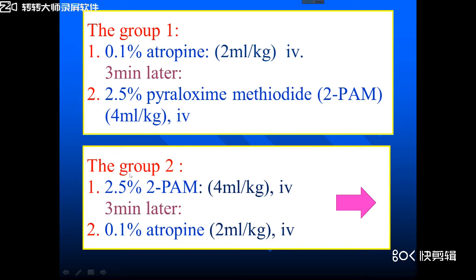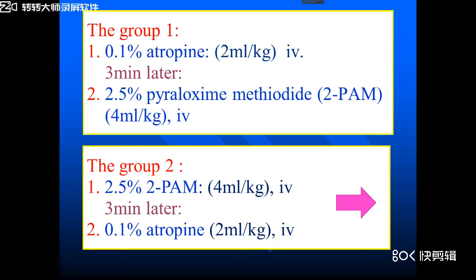In the second group, you give pralidoxime chloride, so the paralysis and the fasciculation disappear, but the muscarinic symptoms still occur. So we give atropine, and then those symptoms disappear. Different drugs relieve different signs and symptoms.